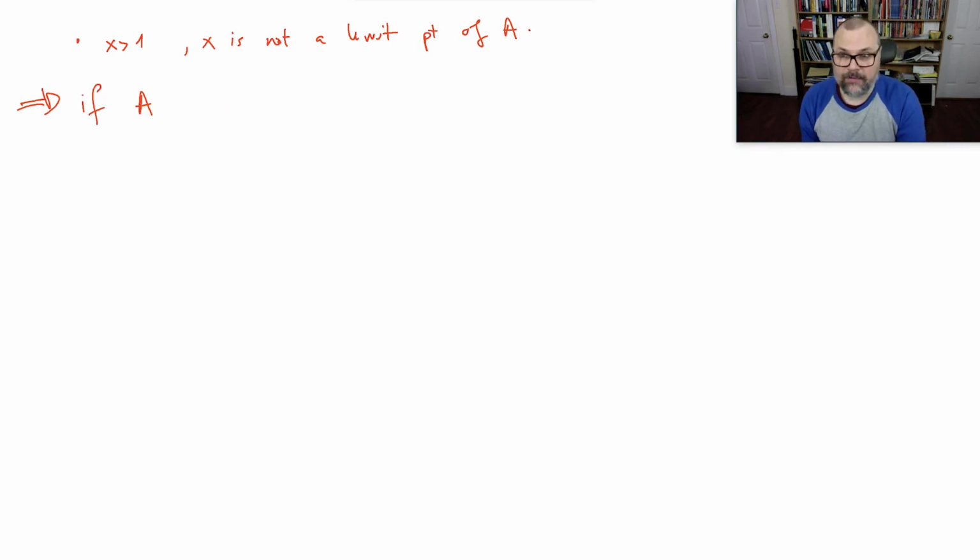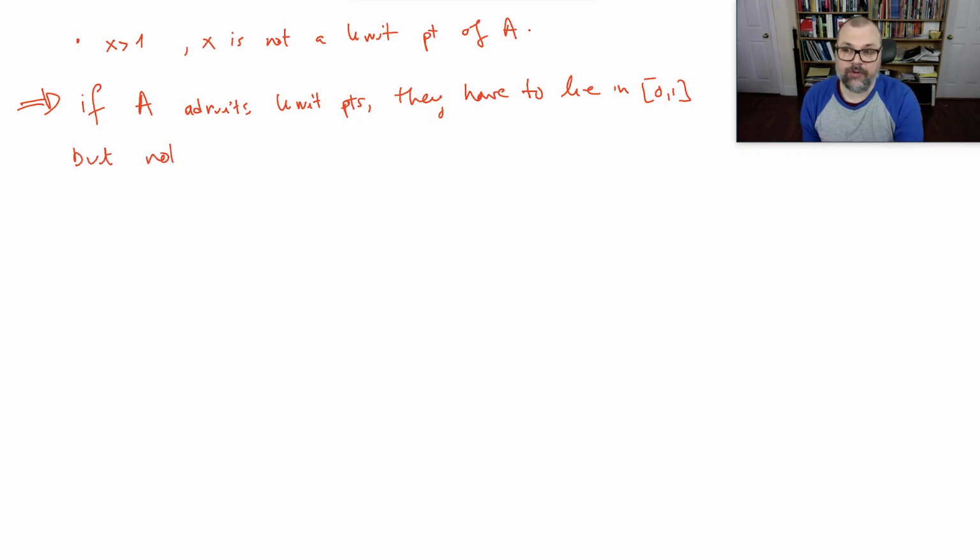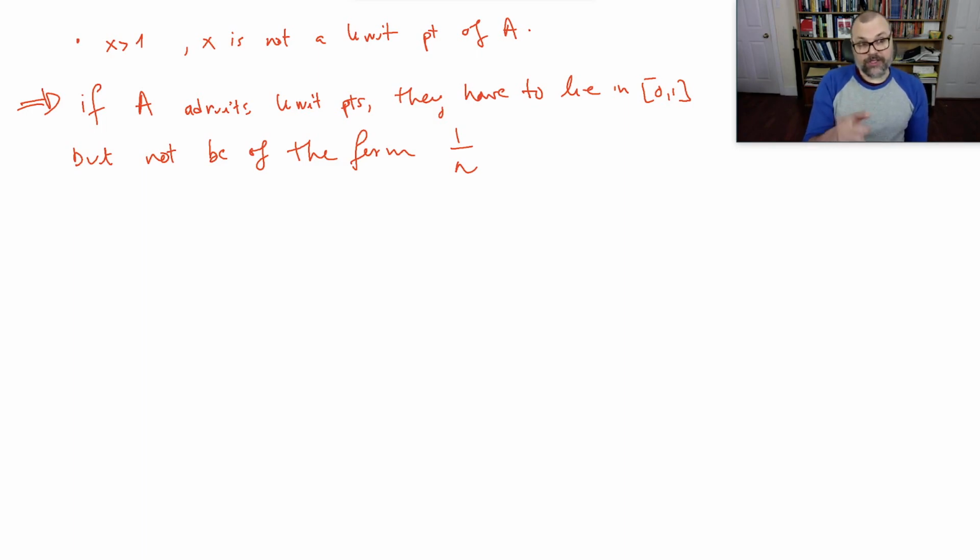What this is saying is that if there are going to be limit points, and we would say here that A admits limit points, they have to lie in the interval 0, 1, but not be of the form 1 over n, because we've eliminated the 1 over n's before. We're not saying that every point which is in the interval 0, 1 of the form something other than 1 over n is a limit point of A yet, but if there are going to be limit points, they have to be in 0, 1, but not of the form 1 over n, right?